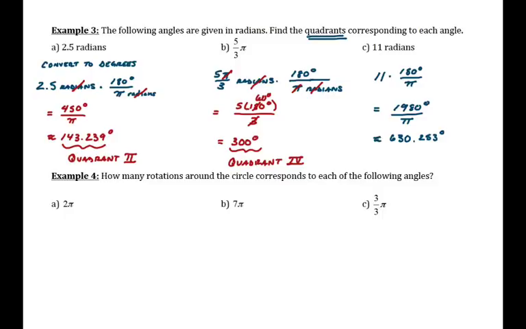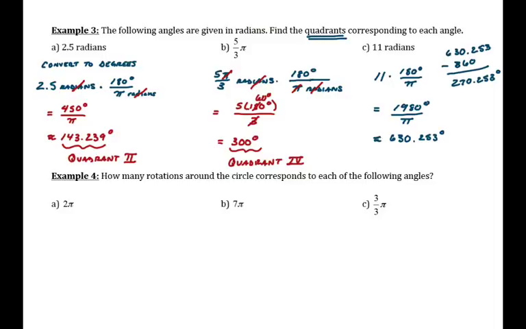Now, the tricky part about this one is we should hopefully know that it's more than one revolution around the circle, but that doesn't quite tell me exactly where I am past one revolution. So what I would do is take my angle measure and subtract 360. That'll tell me how far past one revolution I am. And I get 270.253 degrees.